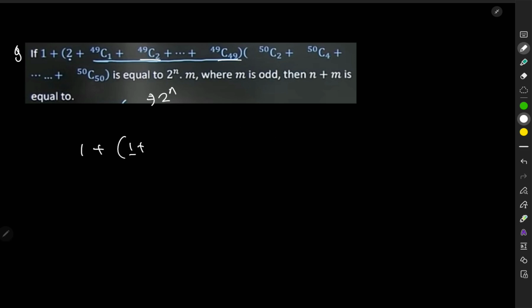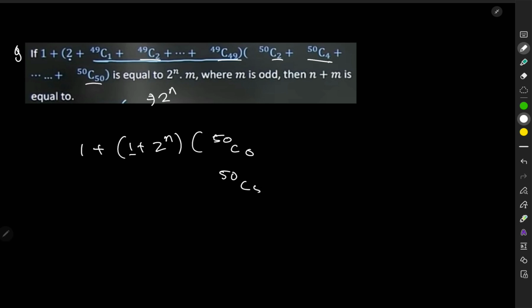Fine. And what about this? 50C2, 50C4 till 50C50, right? So 50C0 is missing. So what is 50C0? Which is simply 50C50, right?